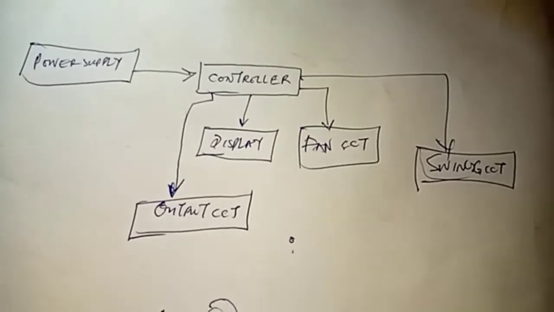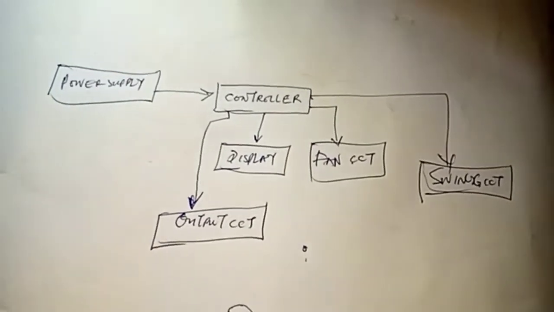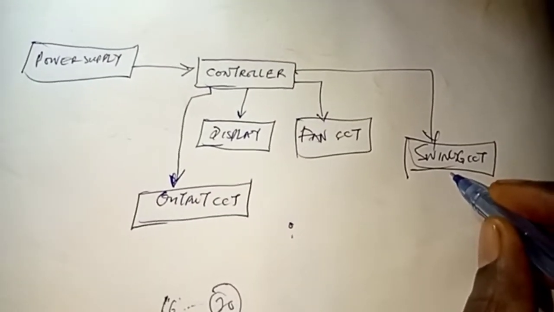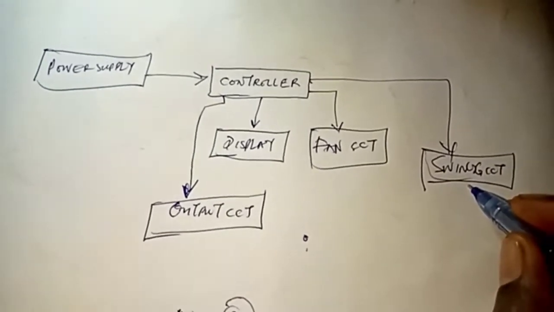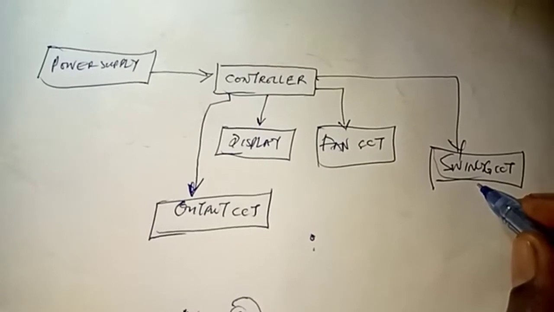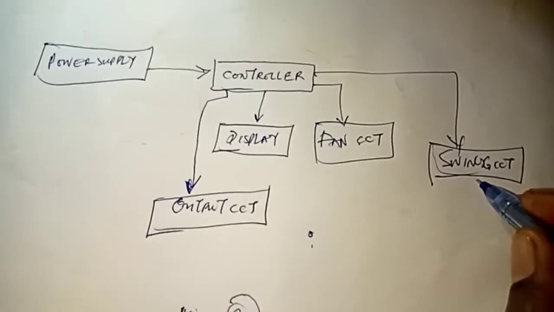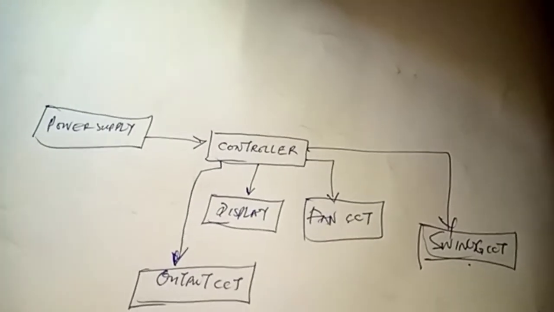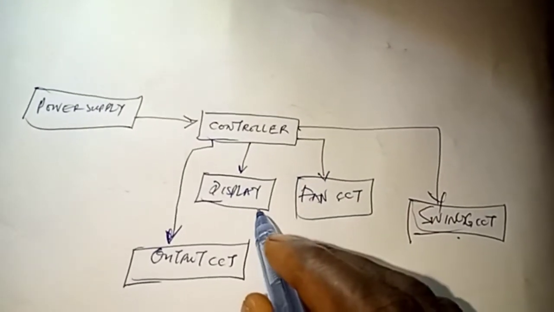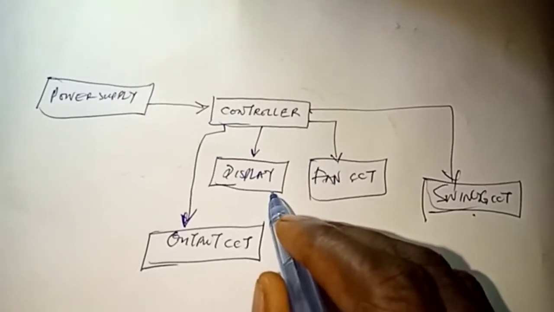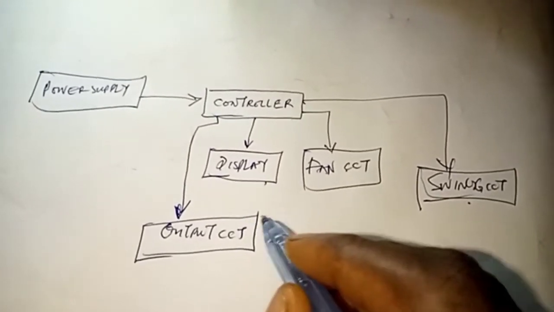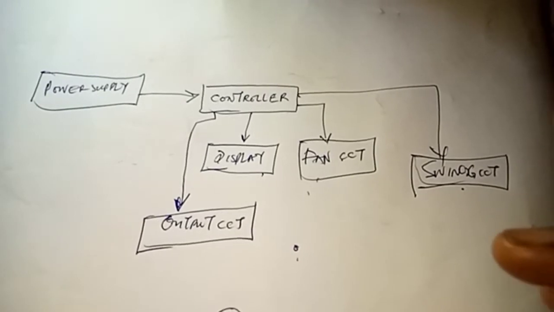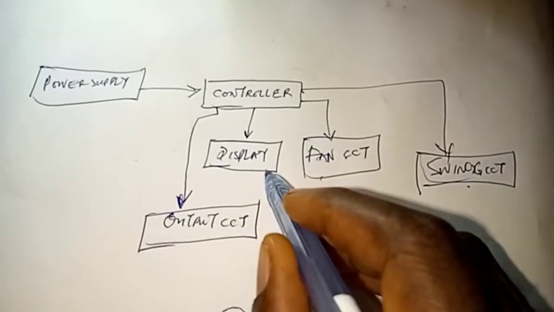So another thing you will realize: what if the swing does not work? In repair, they don't put much emphasis on that, so it does not stop the system from working. What if the display did not come on? If the display did not come on, let nothing else function, as in, if it's faulty.